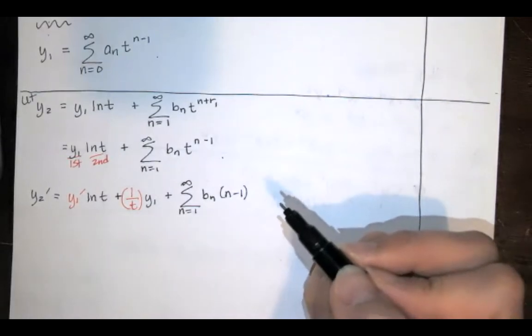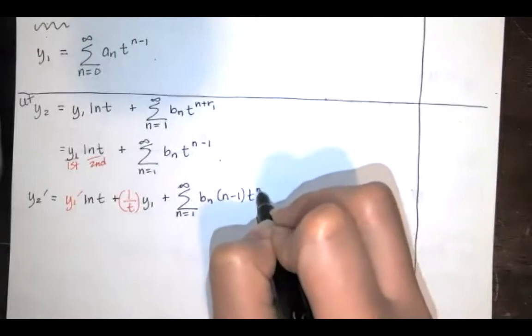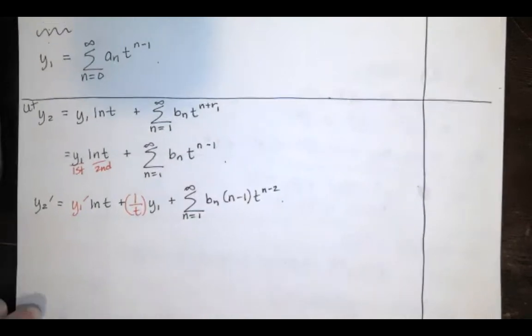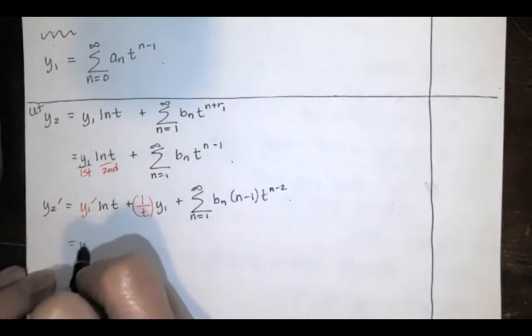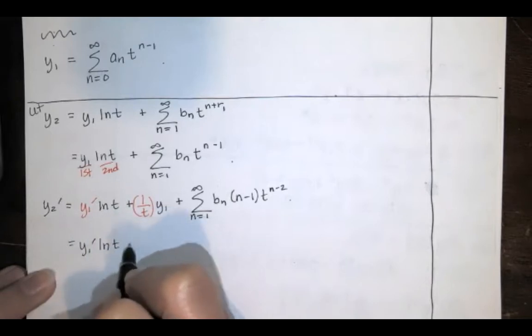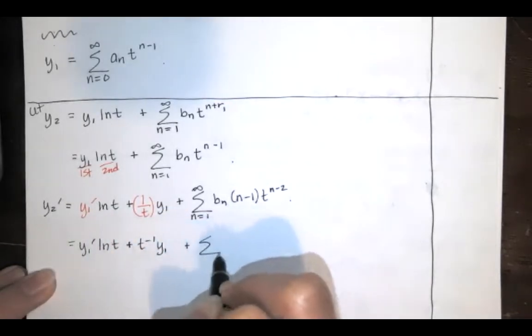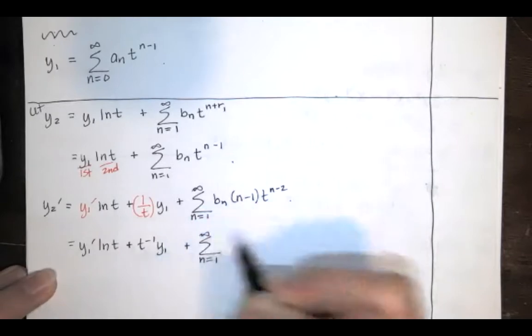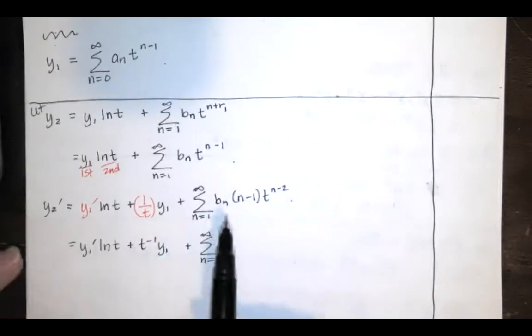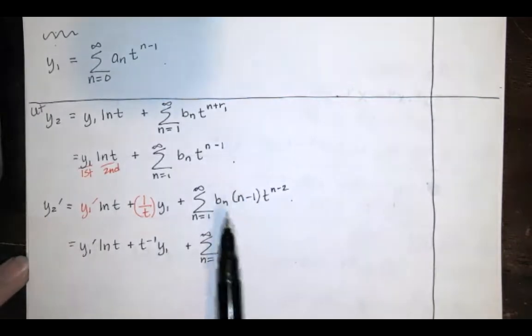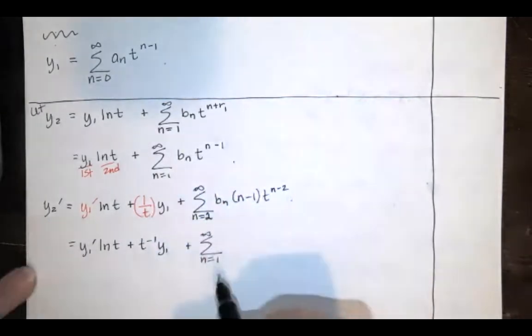Excuse me. Multiply by t to the 1 less power. Okay, so now we're there. And if you want, you could even call this t to the -1 times y sub 1. Notice that when n equals 1, we actually get a 0 here. So maybe we should start at n equals 2.